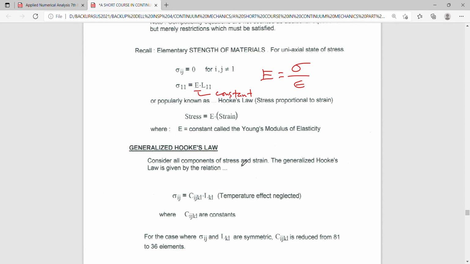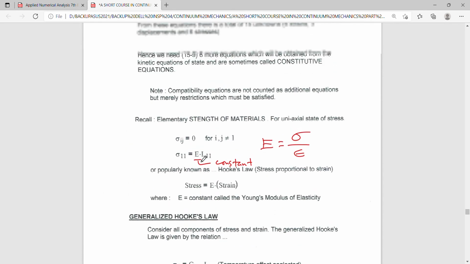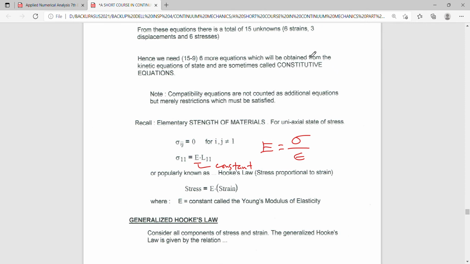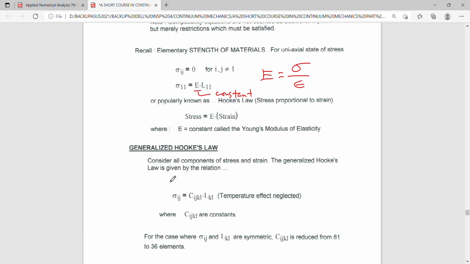So if we want to make use of a term, generalized Hooke's law, to change the name of this as your constitutive equation, we now refer to this generalized Hooke's law with the constant of proportionality Cijkl to be used in this relationship.